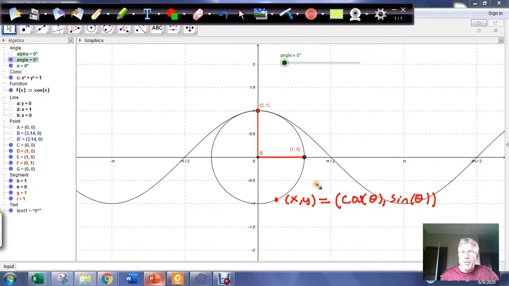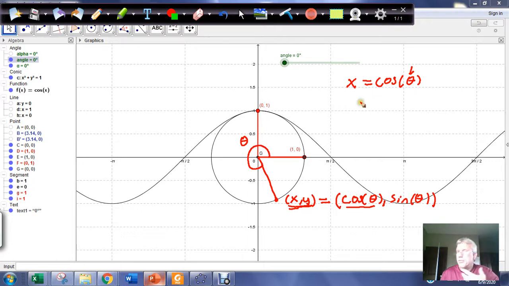So we discovered that x is just equal to the cosine of theta, where this angle theta has to be the angle in standard position that sweeps out starting at the positive x-axis and ending at the terminal side formed by the point x, y. So this is the angle theta.